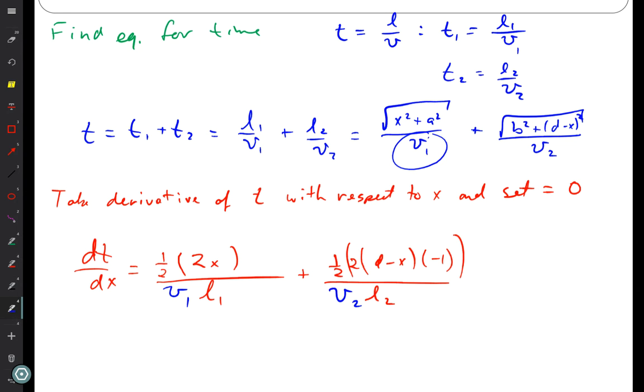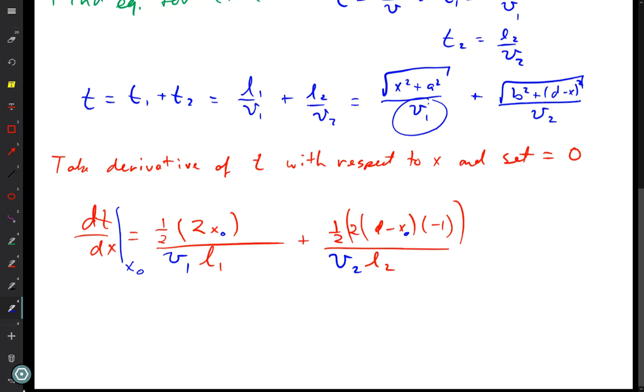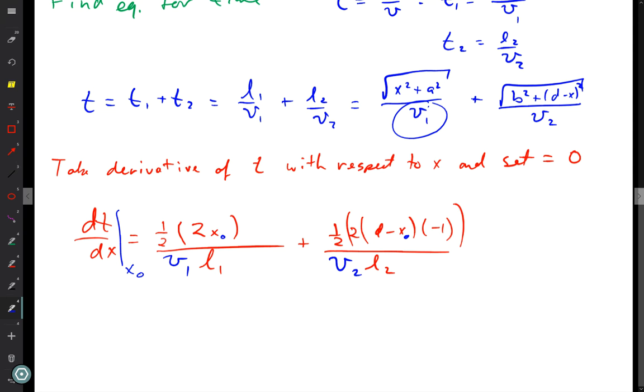Now I take this, I evaluate it at x sub 0. X sub 0 is going to be the x that gives me the minimum time. And so I better put sub zeros on each of my x's here. And so that should equal 0. So simplifying this equation, you notice the 2's cancel. So those aren't going to concern me.